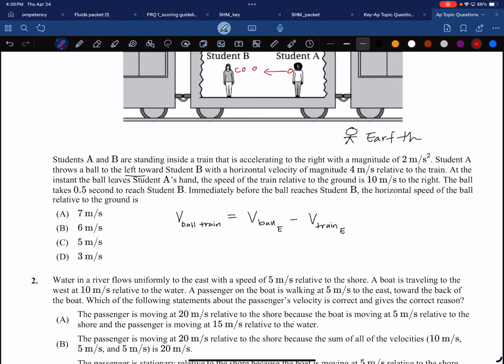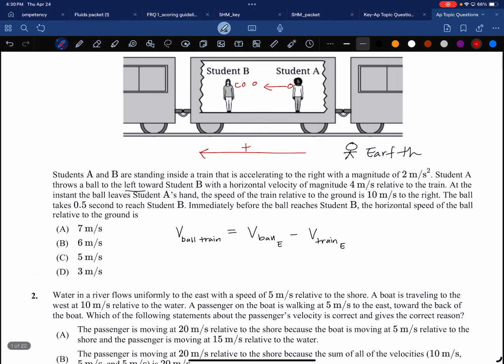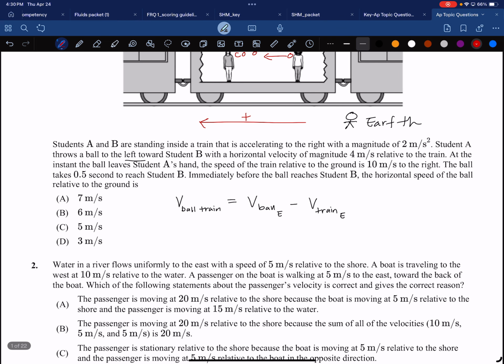So I'm going to consider my positive direction to be this way because I can just choose it. That means I'm going to have a velocity of the ball relative to the train to be 4.